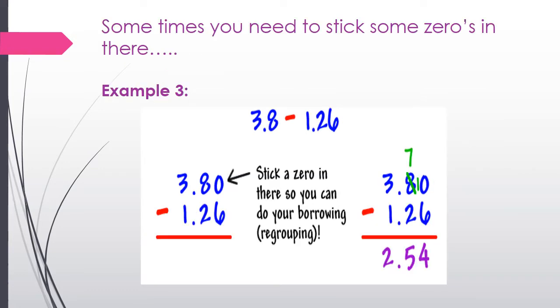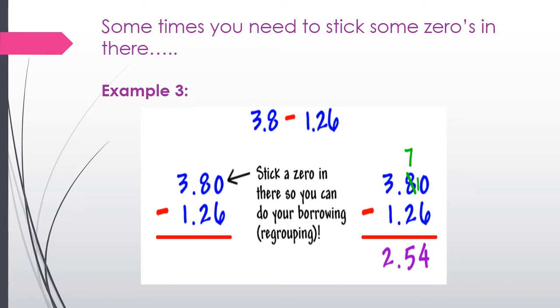Example 3. 3 and 8 tenths minus 1 and 26 hundredths. You can see the first number has only 1 decimal place, the second number has 2. What do we do in this case? We add 0 to 8, so it becomes 80. So 3.80 minus 1.26.